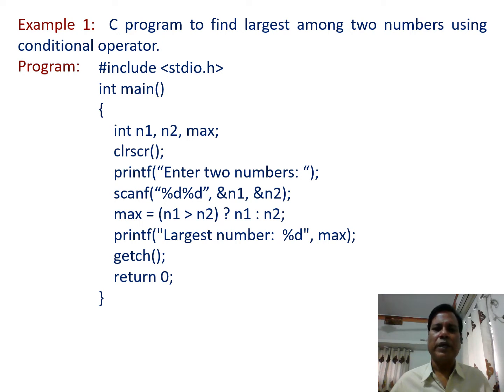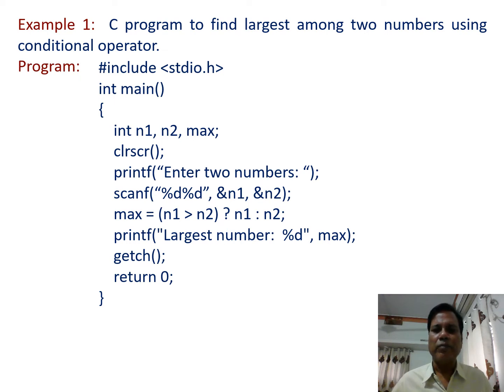Then clrscr clears anything previously written on the output screen. The printf statement prints a message asking for two numbers, which the user enters, and they are taken in by the scanf function and stored in the variables n1 and n2.